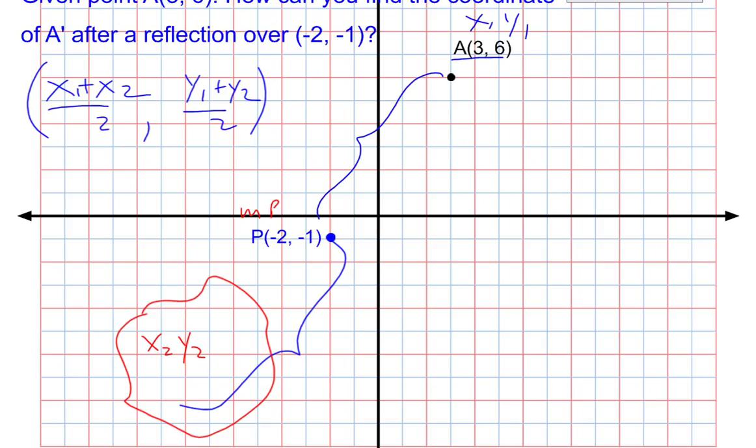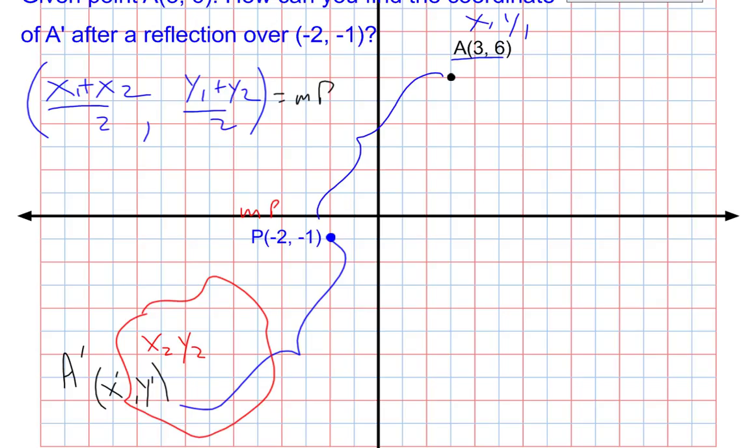Because this point is going to be called A prime, I'm going to call its x value x prime and its y value y prime. That is going to be point A prime's x and y value. So I know that this is the midpoint's x and y value.